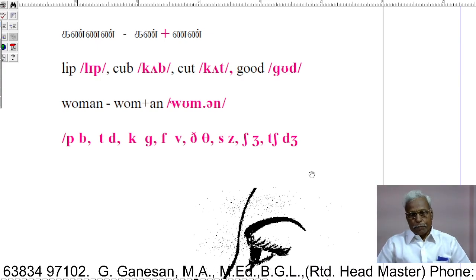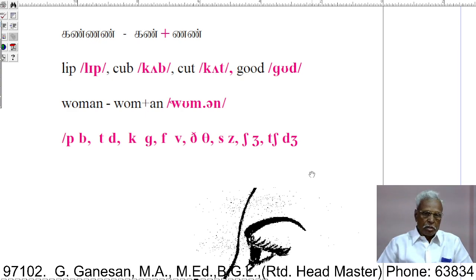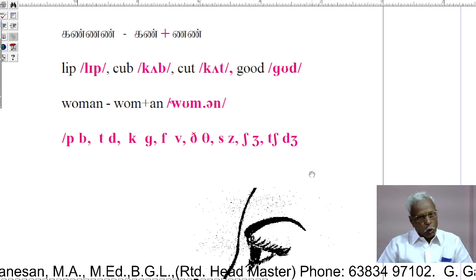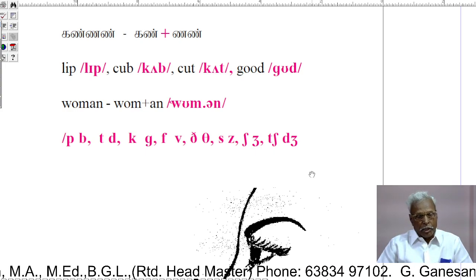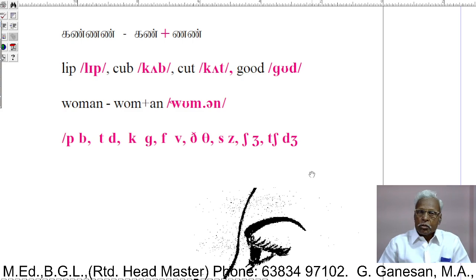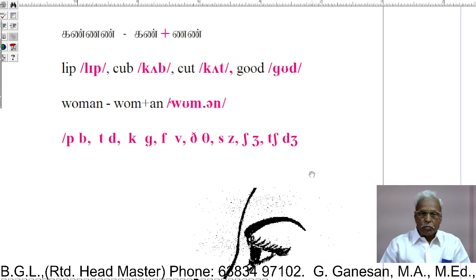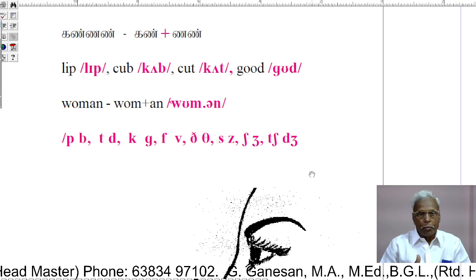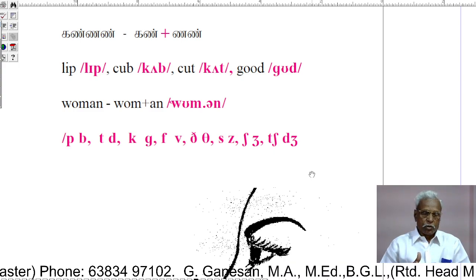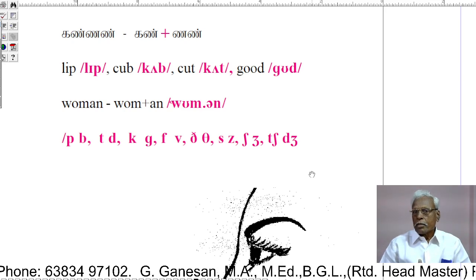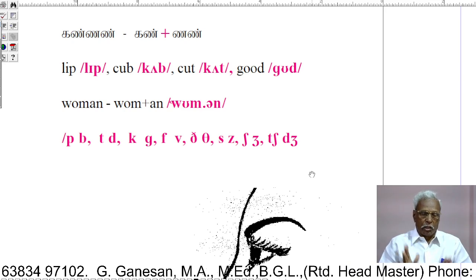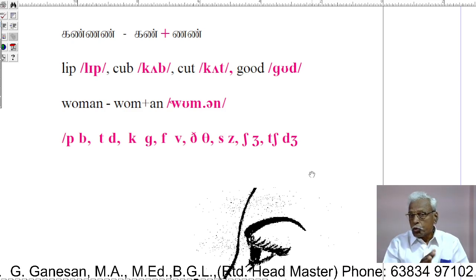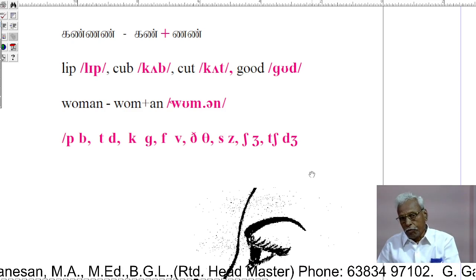Dear teachers and students and educationists, normally a consonant phoneme should be at the end of a monosyllabic word or at the end of a syllable if it is a polysyllabic word.